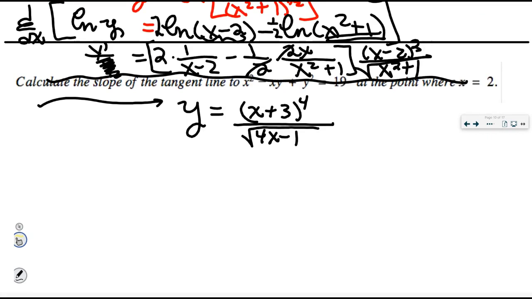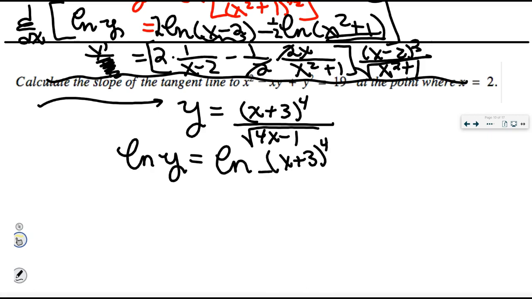if I use my properties of natural log, it allows me logarithmic differentiation, because I'm using it to help me, since I know the derivative of this, and when I expand this out, it makes it so much easier.